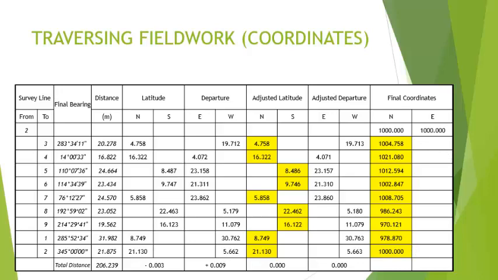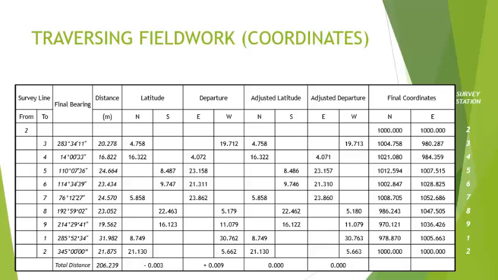Okay. Repeat the calculation for the easting with the adjusted departure, and these are the results. The rows of coordinates actually represent the coordinates of the survey stations. Okay.